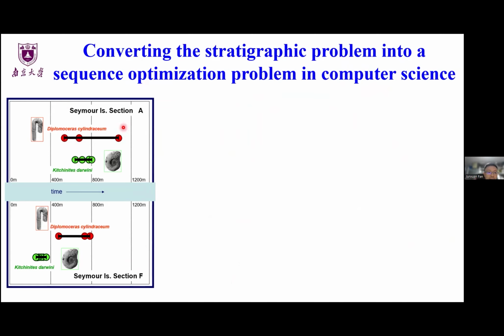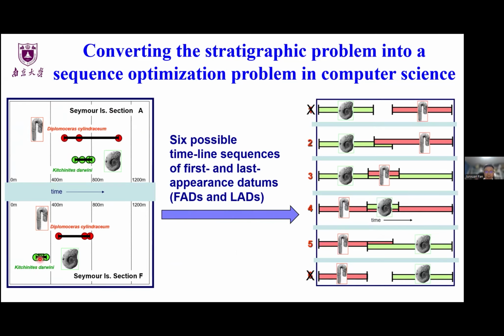For example, we have two localities, section A and B, and we have two taxa, the red one and the green one. You can see that the order of their first appearance and last appearance are not the same. And from the computer science viewpoint, there are only 6 possible sequences of those two species.